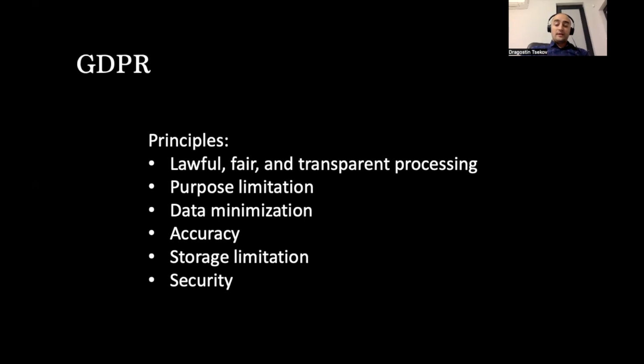And in this case, we're mostly talking about integrity and confidentiality, because as you remember, security is generally composed of the so-called CIA triad, or confidentiality, integrity, and availability. So in this case, you need to make sure that the data is protected by all means possible, so that nothing happens to it. Its integrity does not get impacted, its confidentiality does not get impacted, and so on and so forth.